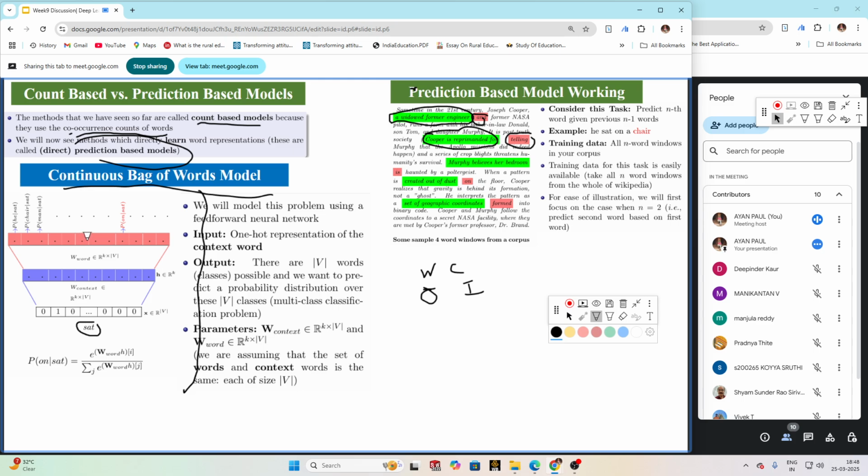We want to predict the probability that on will come after sat, provided sat is the context word. This is what we are interested in.